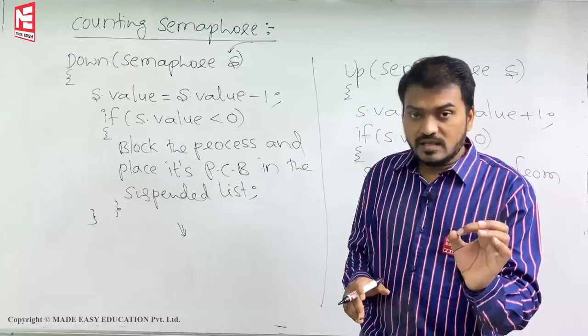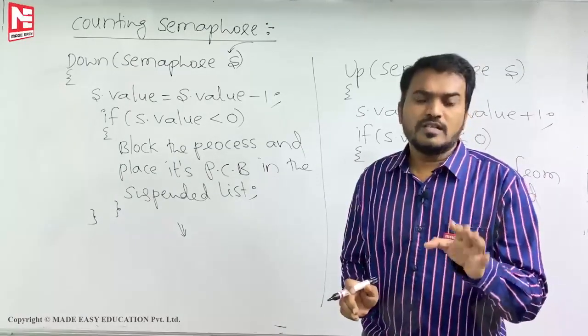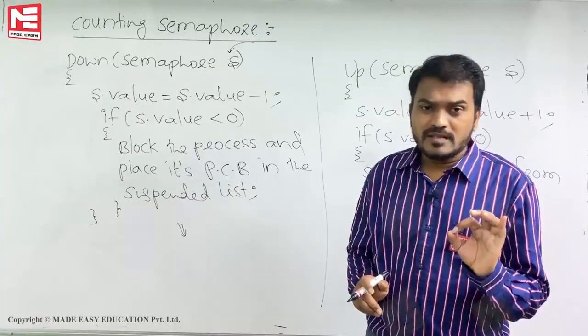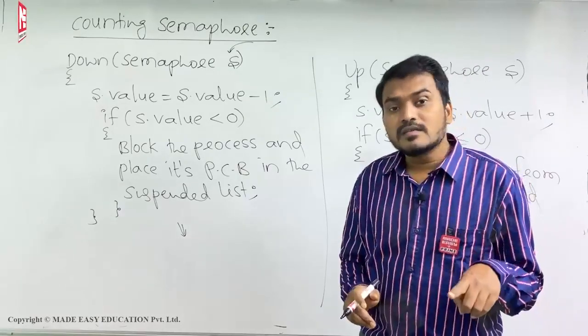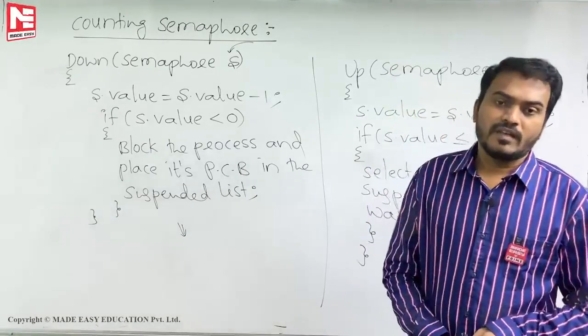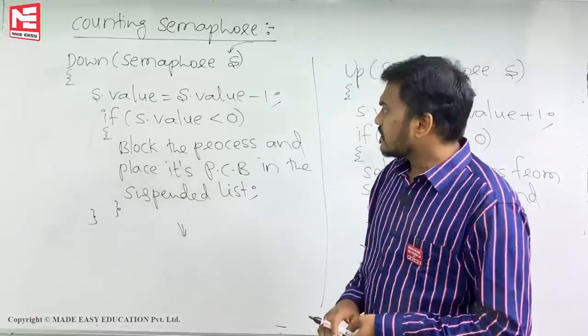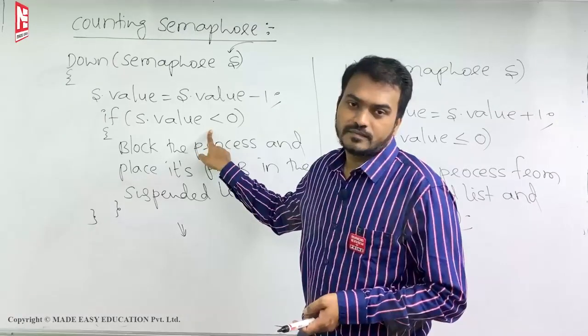Remember, after performing down operation, if the process is getting suspended, I will give notes, first listen carefully. After performing down operation, if the process is getting suspended, then it is called an unsuccessful down operation. Now tell me, when will the process get suspended? If the semaphore value is less than 0.